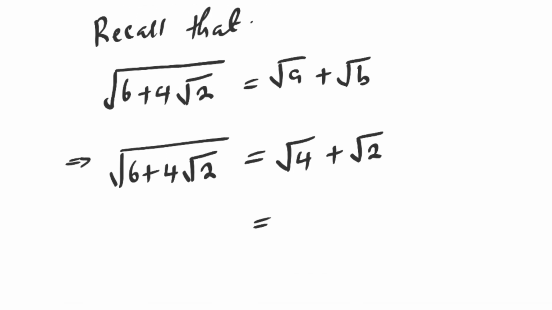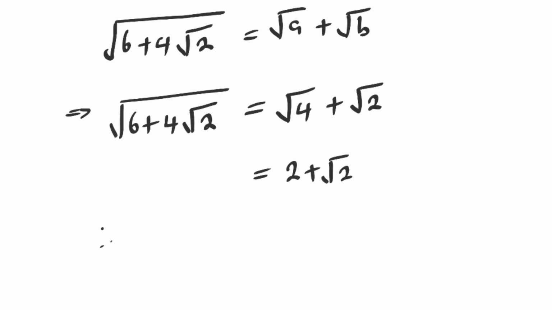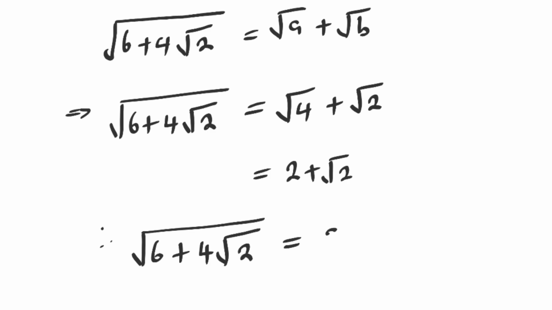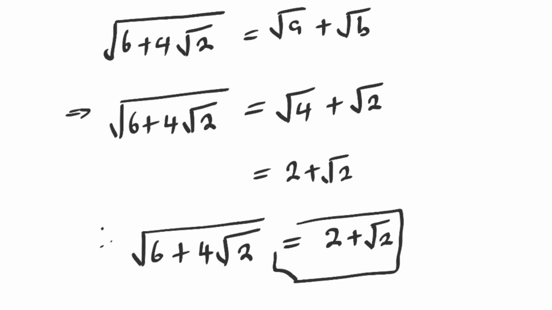And this is equal to square root of 4, which is 2, plus root 2. Therefore, square root of 6 plus 4 square root of 2 is equal to 2 plus root 2. And this is the final answer.